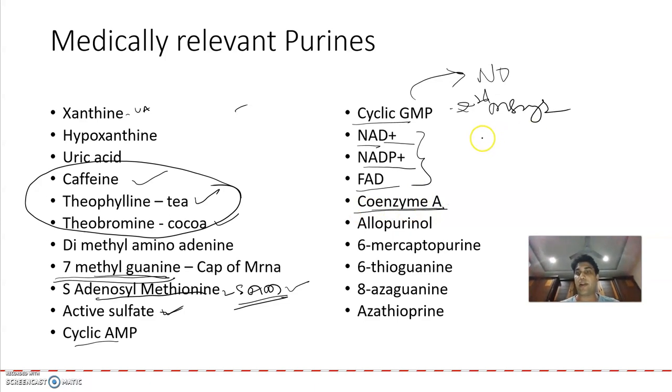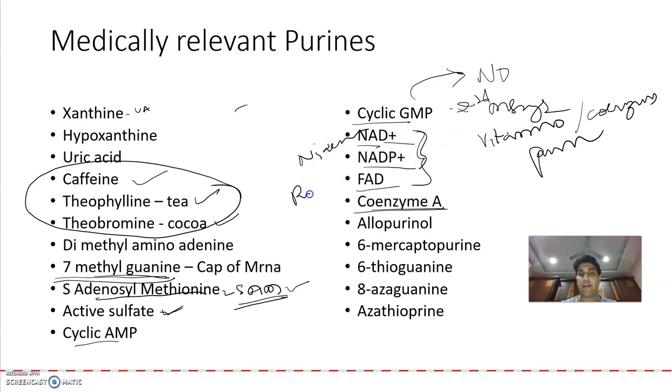The question is, which vitamins have coenzymes that are purines? They are niacin, riboflavin, and coenzyme A. Three vitamins have structures which are purines.